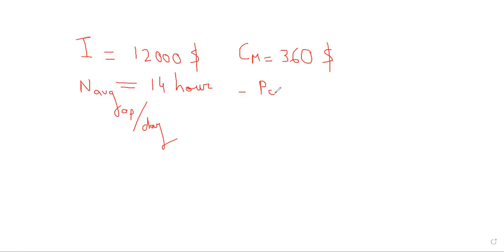So now we can calculate per day what is the amount of kilowatt hour that my turbine system is able to produce for me. Okay, so I can say that for one day, I can produce with my system 3 times 14 kilowatt hour.